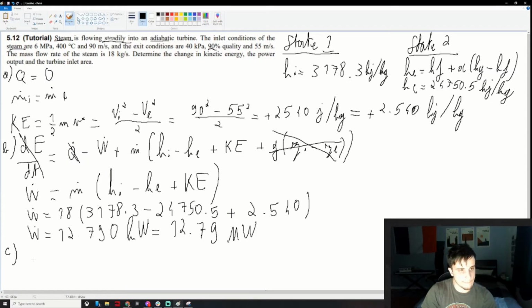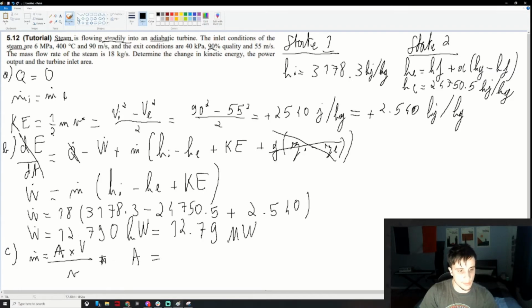So just like I said, we know the mass flow rate equation, which is going to be area times velocity divided by the specific volume. And in this case, we know area. No, area is what we're trying to find.